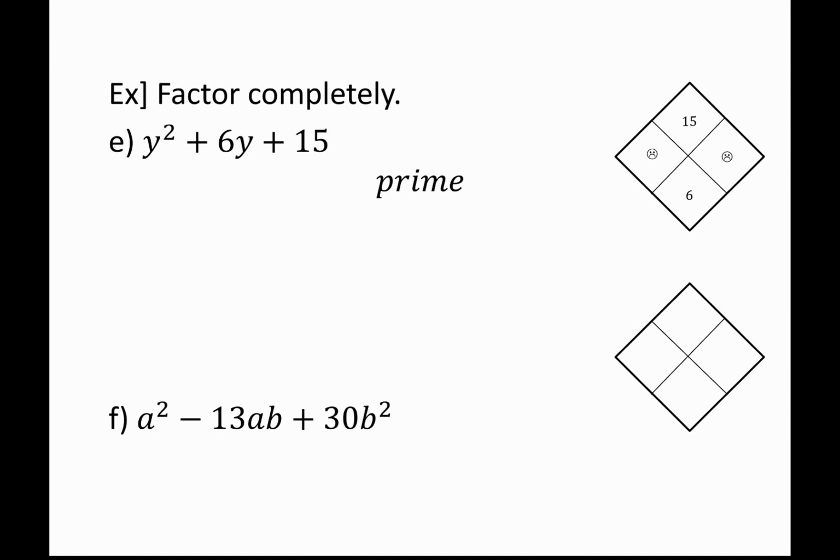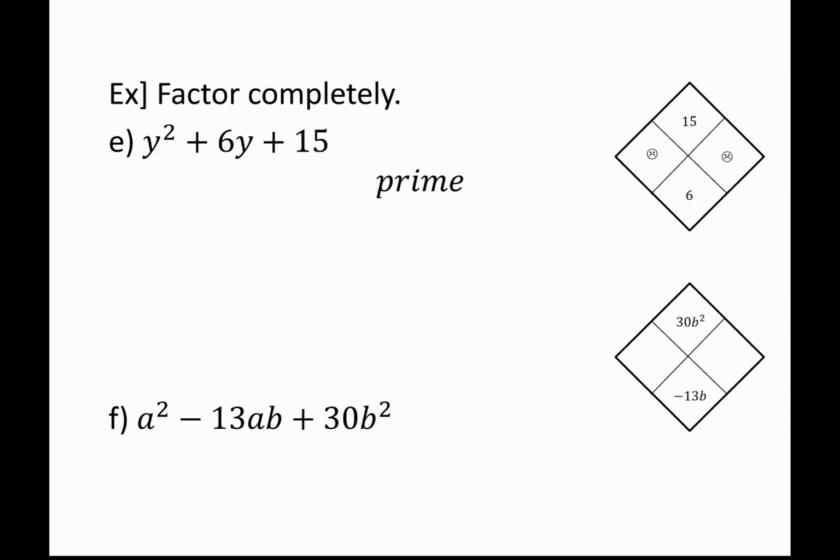Okay, now we can move on to F, which is a particularly challenging example because there's more than one variable. So what you do here is there's a little bit of a trick. Let's let a be acting like the variable, and b will just act like a numerical factor.